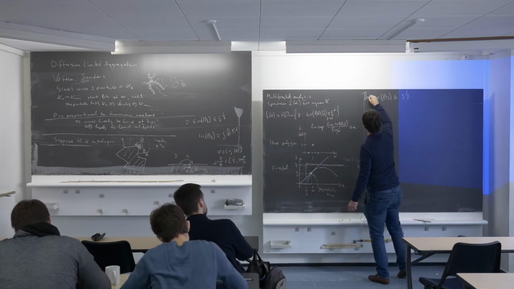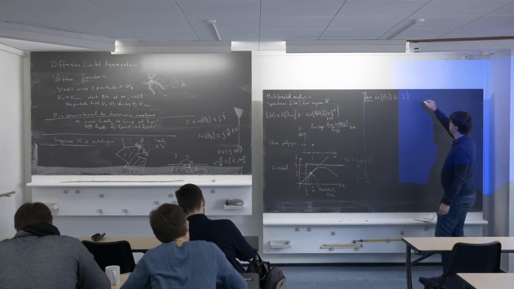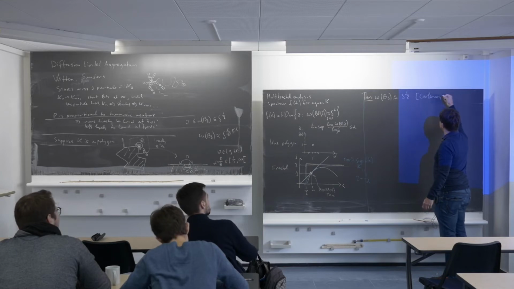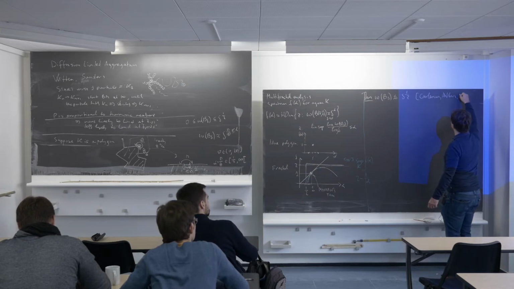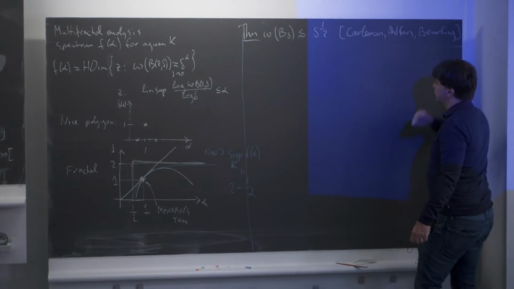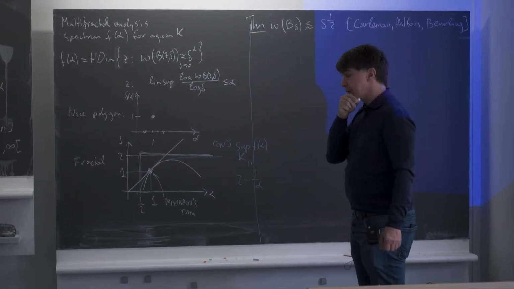So it's a theorem. It's usually called the Beurling estimate, but it first appeared in several proofs: Carleman, Ahlfors, and Beurling. Those were 3 Swedish complex analysts, well, 2 Swedish and 1 Finnish.